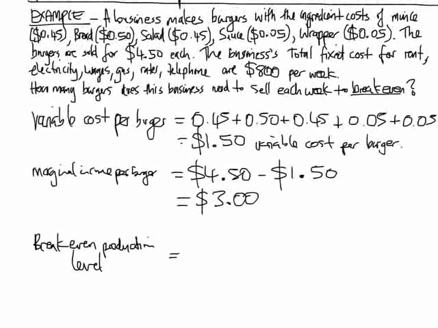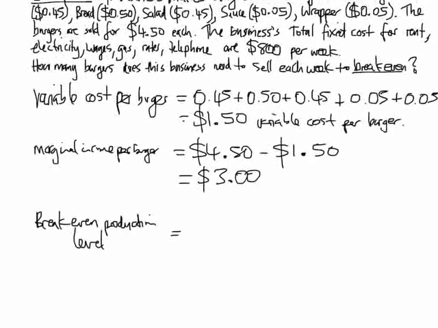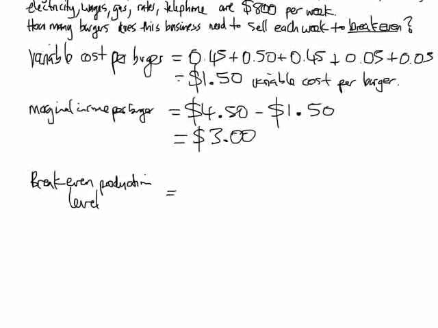Well, look at the question. Their fixed costs per week are $800. So they need to make up $800 per week from selling their burgers to not lose money or gain money. So it's going to be 800 over $3.